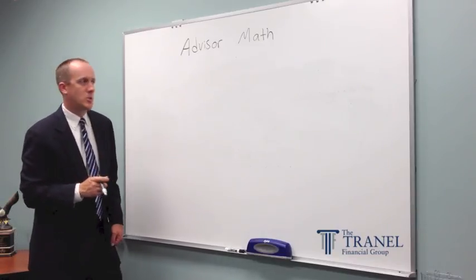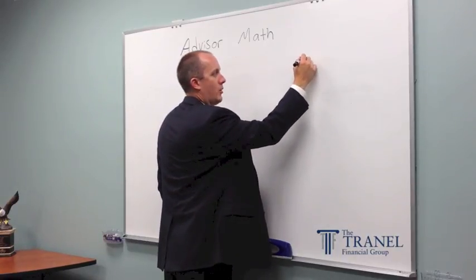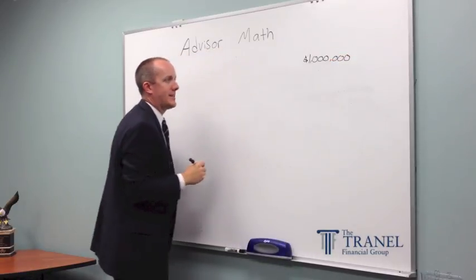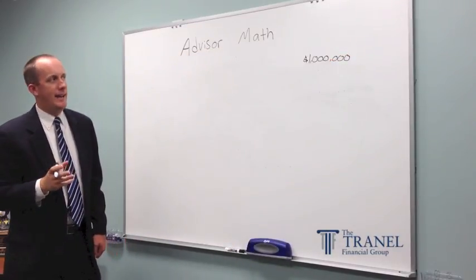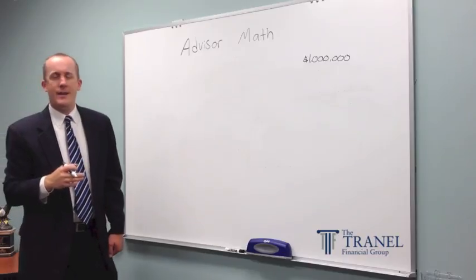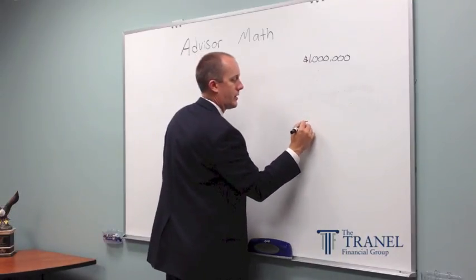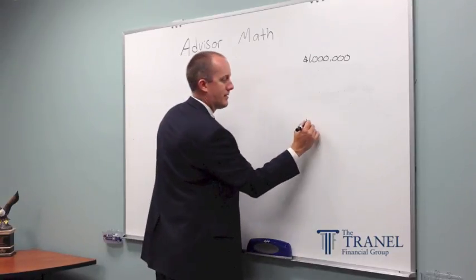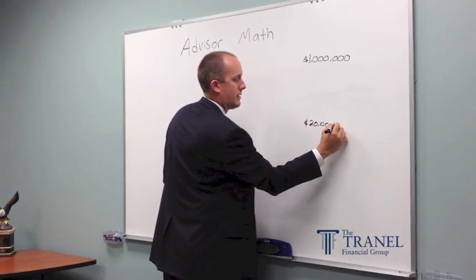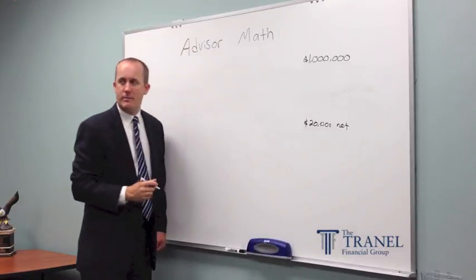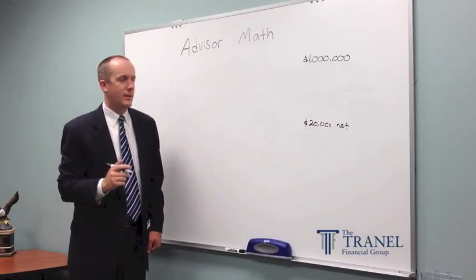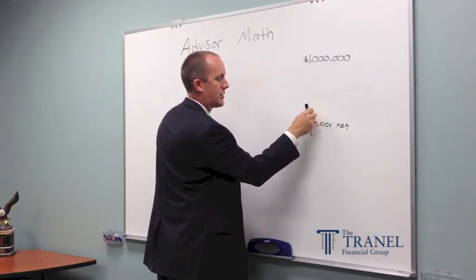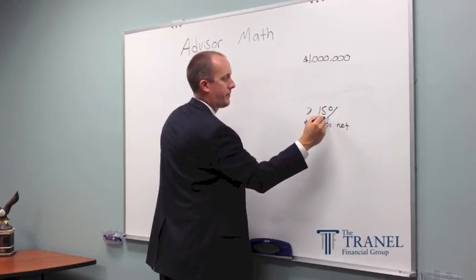Let's say that you've got someone with a $1 million nest egg. And let's say they're looking for a $33,000. Let me back up. They're looking for a $20,000 net withdrawal stream from their account, net. We know that 15% is going to be the tax bracket.